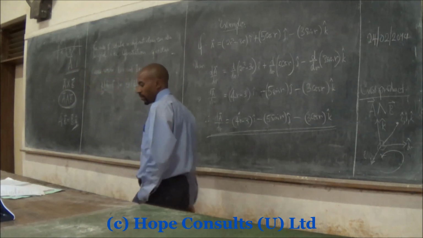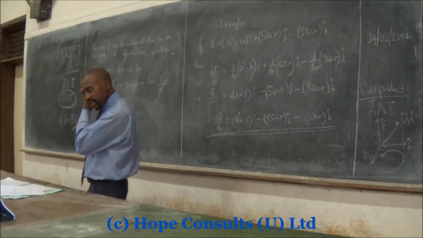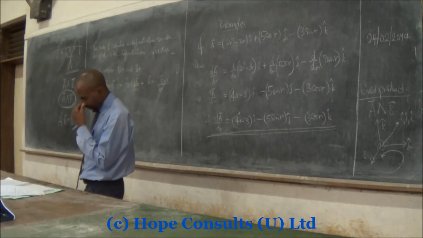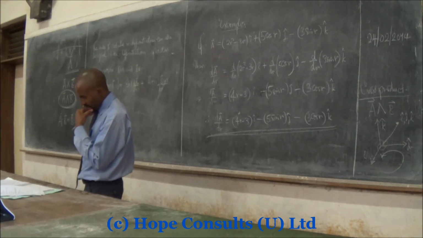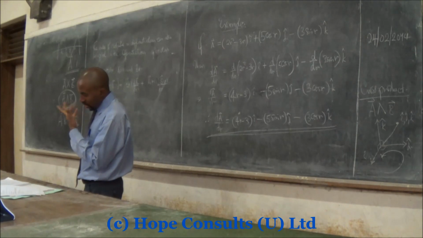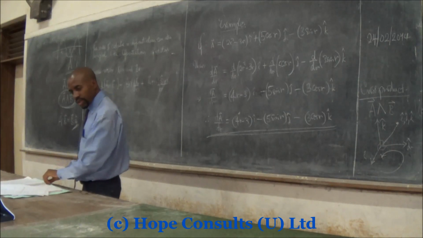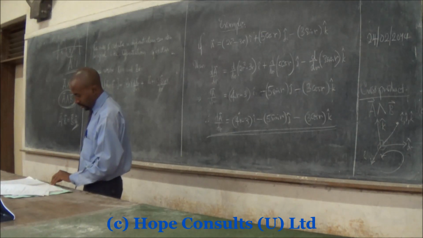Those rules apply in the same sense. If you have A cross B, you do the same stuff. So you get more from the notes, in order for me to cover as much as possible for today.